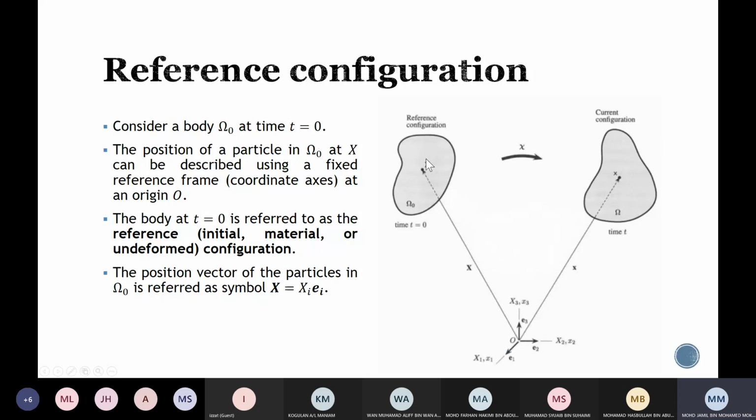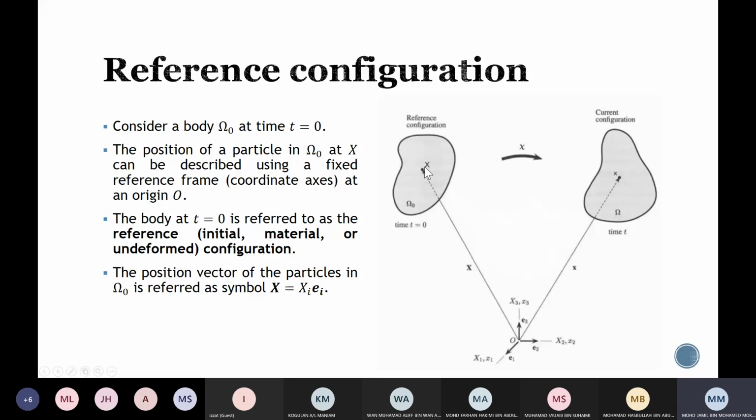The reference configuration is also referred to as the initial configuration, the material configuration, and also the undeformed configuration. It has many names. So if a question says initial configuration, it means reference configuration.